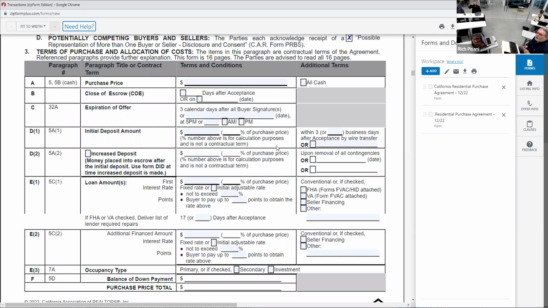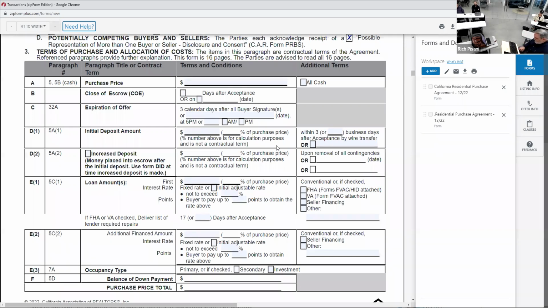Expiration of offer. It defaults that this offer expires 3 calendar days after all buyers' signatures. All buyers' signatures. So if you only have one, you don't count it until everybody has signed. So at 5 o'clock. Now that can be changed.